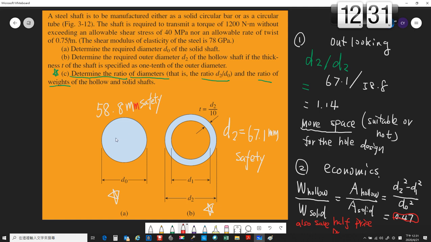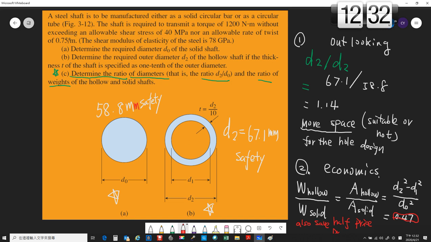Yeah, so maybe using solid is better to save space because it looks smaller. But when you use solid, you will pay 50% more for the material. For an engineer, you can choose a big size but save more material, save more money. Or you will use the small one, but you pay more money for the material.